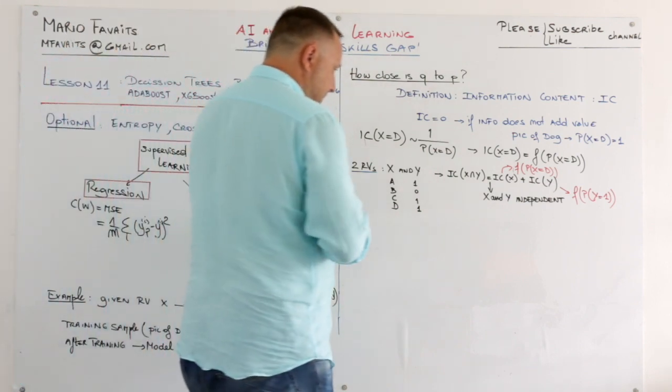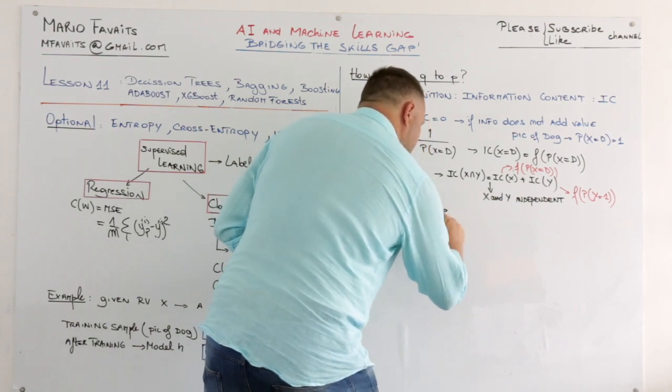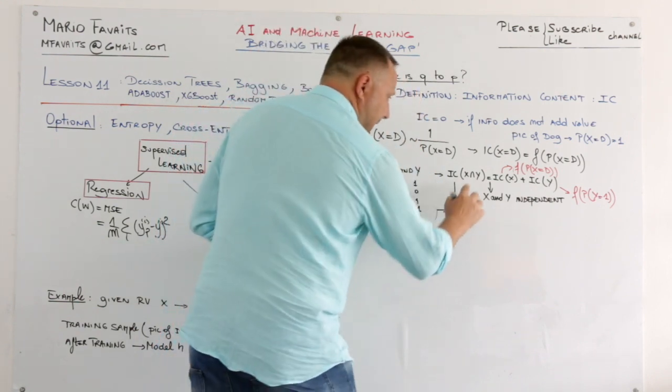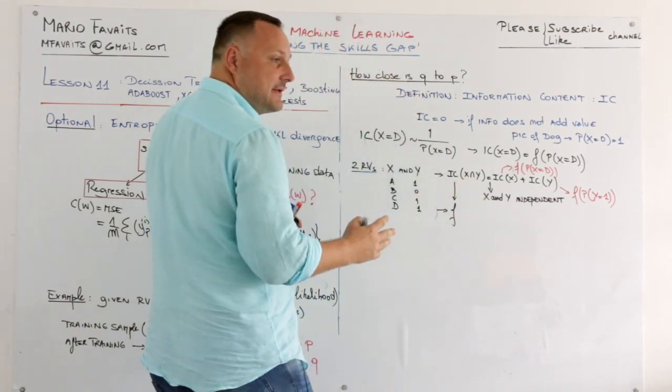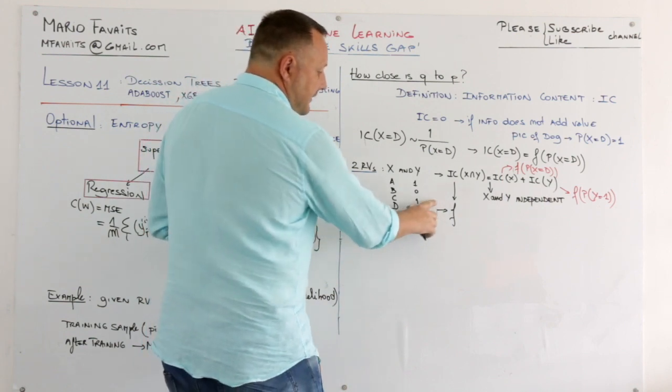So basically this means that we have a function here. We're going to transform this, and in probabilities it means times if the events are independent.